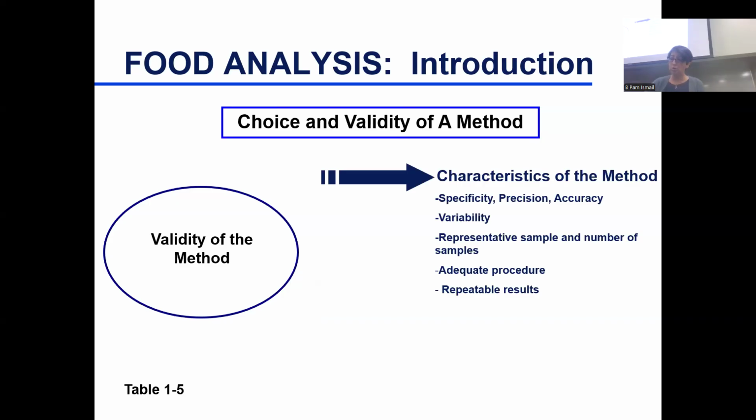Lactose, glucose, sucrose, what are we looking at? Starch. So specificity. So we choose based on the specificity of the method. We also talked about precision and accuracy, how precise, how accurate. Can it be reproducible? Every time I run the assay, is it going to give me the same range of the data?